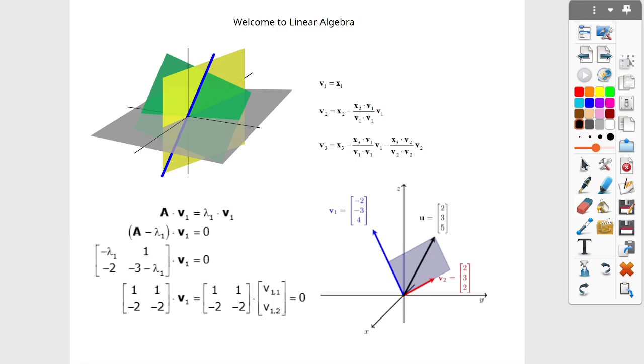This is going to be the course Introduction to Linear Algebra, and I'm going to be using a lot of the resources from Gilbert Strang's linear algebra course. So the ordering is pretty similar to Gilbert Strang's linear algebra course.